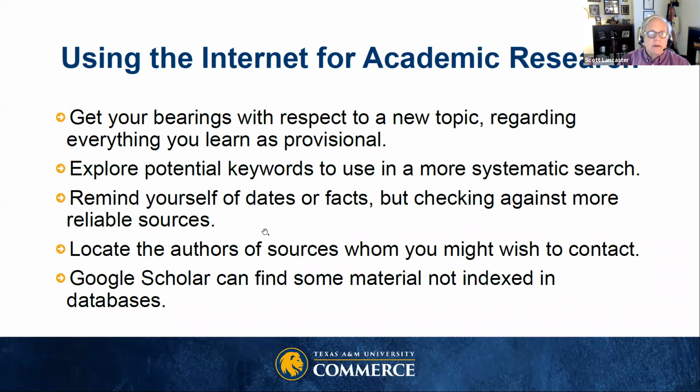It can also be a way to remind yourself of dates or facts, but check those against more reliable sources. If you are researching some historical event and you can't remember exactly when it happened, you might look it up in Wikipedia, but I wouldn't cite that on anything. But it could point to a source that you could cite.